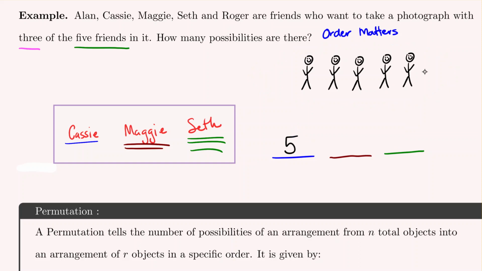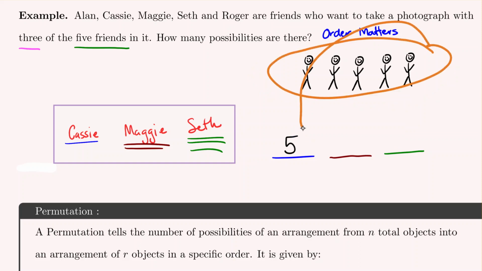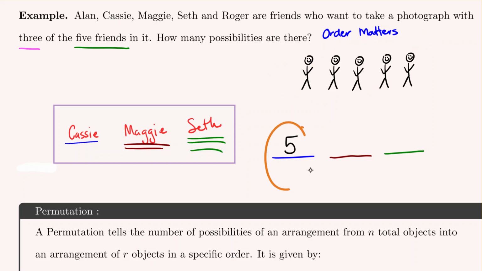Now, does it make sense once one of these 5 friends has stood here? Even though we don't know which friend took that place, we do know one of the 5 friends is now standing here. So there's realistically only 4 friends remaining who could now take the second place. Because of course a person couldn't stand here and then duplicate themselves and stand here. So we also realize we cannot repeat.